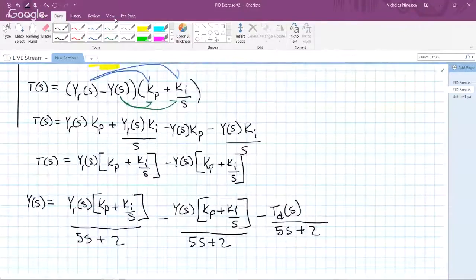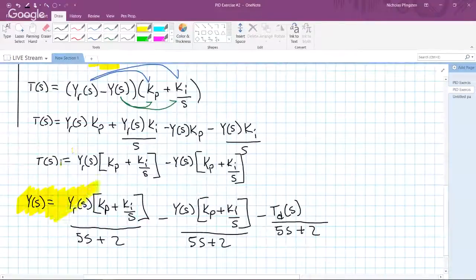We can use this to get the transfer function for our control, and we can also get the transfer function for our disturbance.